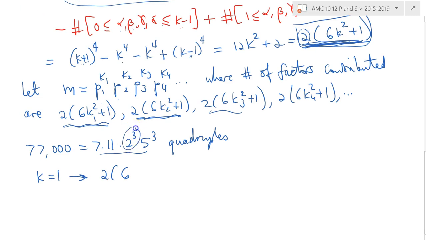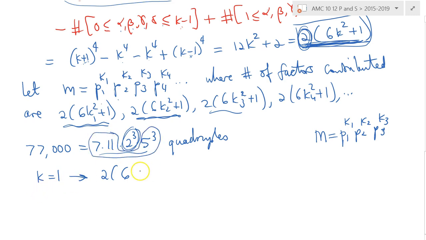That's strange. We have 2 cubed here. Oh, so that gives me the idea that there must really be 3 primes. So m is really p1 to the power k1, p2 to the power k2, and p3 to the power k3. That explains it: each one will contribute that many to the number of quadruples, right? Does that make sense? So all I need to do is to account for the remaining number.